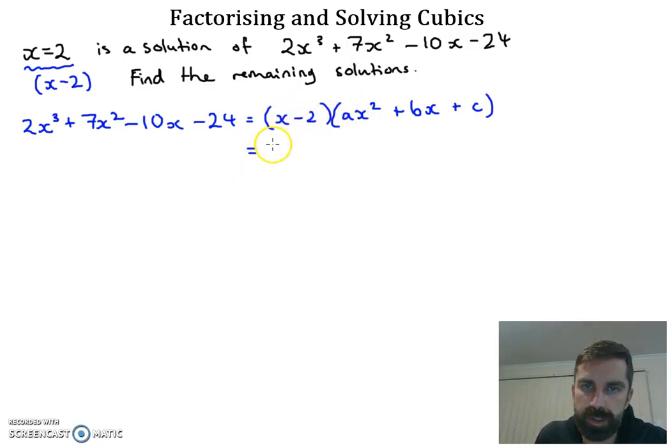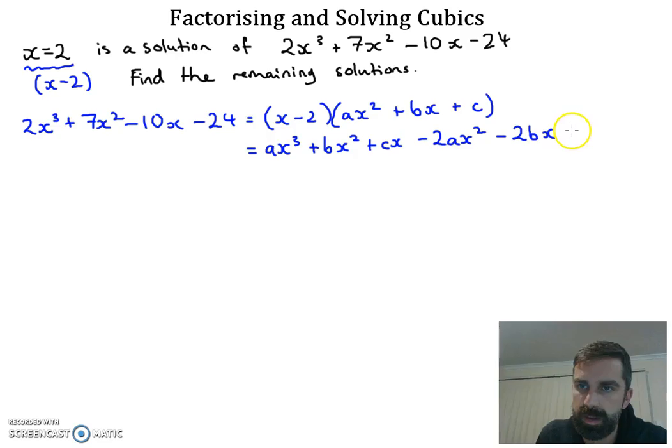So same as what we did in the last example. So that's going to be ax cubed plus bx squared plus cx, take 2a x squared, take 2bx, take 2c. And then I'm going to group up my terms.